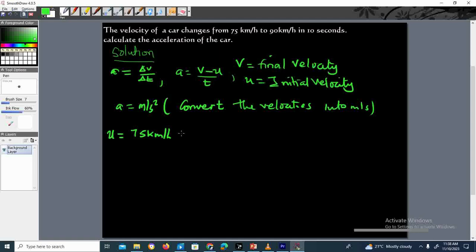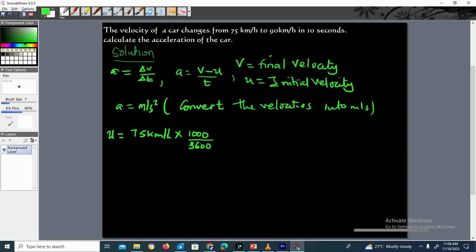To convert this to meters per second, we need to convert the kilometers into meters and multiply by 1,000 because we have 1,000 meters in 1 kilometer. Then we divide by 1 hour, which is 60 times 60, which means there are 60 minutes in 1 hour and each minute has 60 seconds.